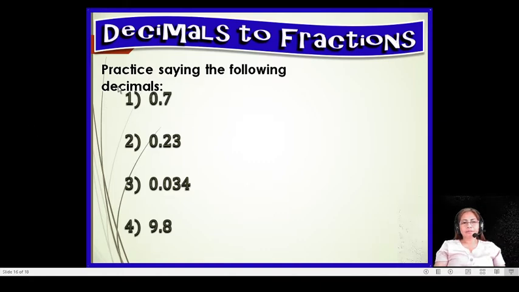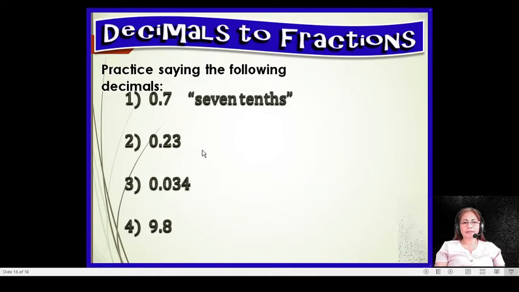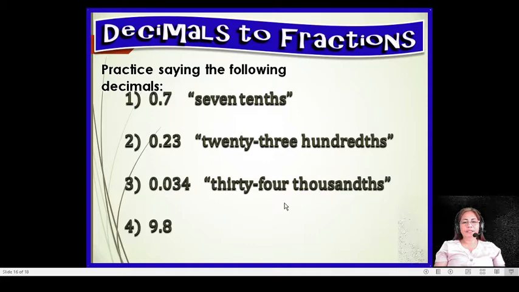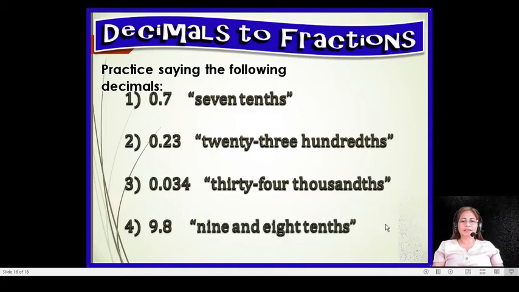So, let's say the following decimals. This is 7 tenths, 23 hundredths, 34 thousandths, 9 and 8 tenths.